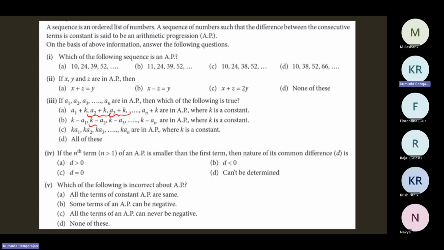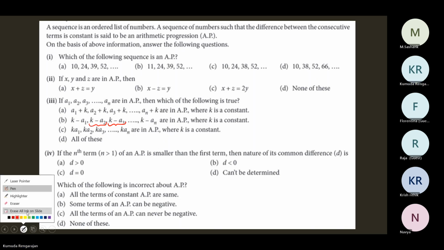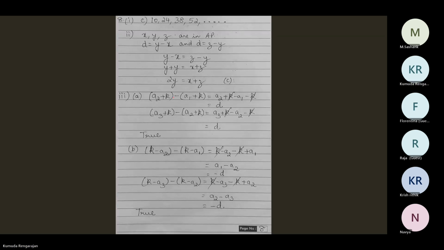Here also, this minus this should be equal to this minus this. Second term minus the first term should be equal to the third term minus the second term. So when you work this, you get A2 minus A1.